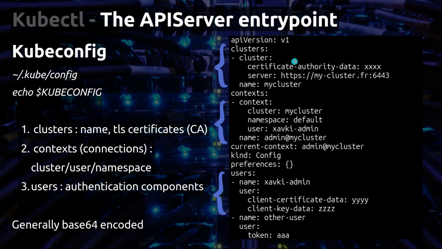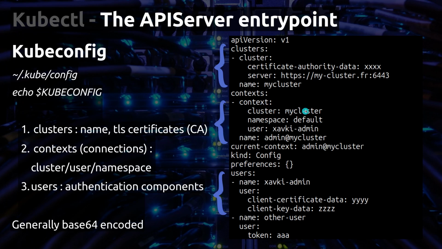We have clusters with an S at the end. That means this is a list. Here we have just one cluster, with the dash here. We can see this is the first cluster, and in this cluster we have the name of the cluster. We can name it for example Joe, and if we set it to Joe, we need of course to change the context here to Joe.